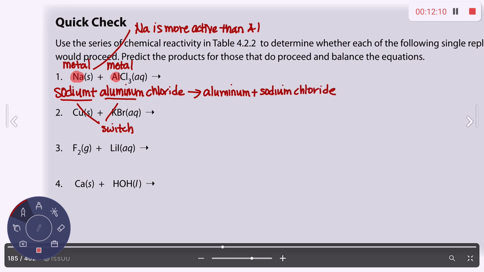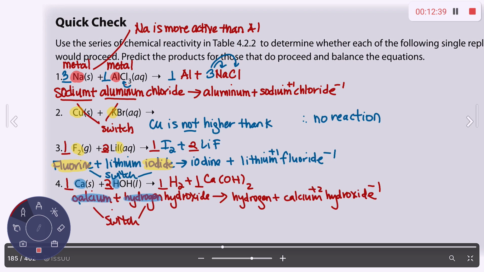The symbol for aluminum is Al. Sodium has a +1 charge, chlorine has a -1 charge, so the chemical formula is NaCl. This is not balanced. I need 3 chlorines on the product side, so I put a 3 here. And then I have 3 sodiums, so that goes here. And then I'm done, so it's 3, 1, 1, 3. That's what you're going to do.